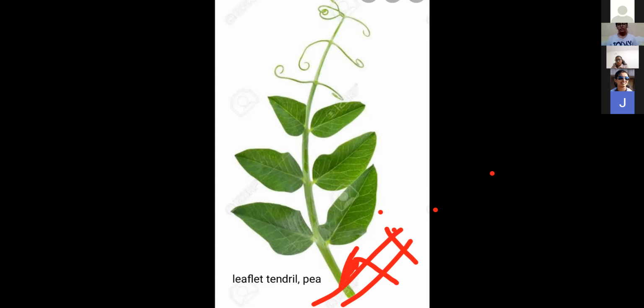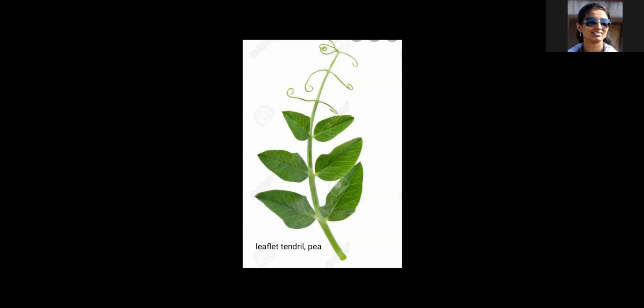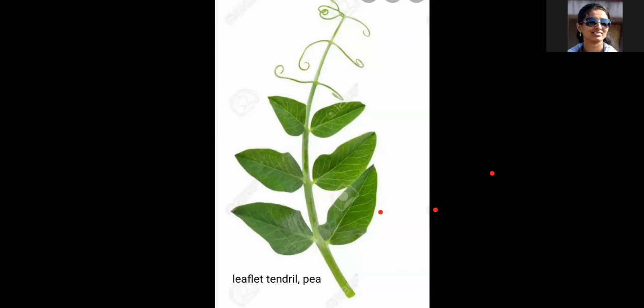Now, this is the pea plant, which has a pinnately compound leaf. In the pea plant, leaflet tendrils are present.